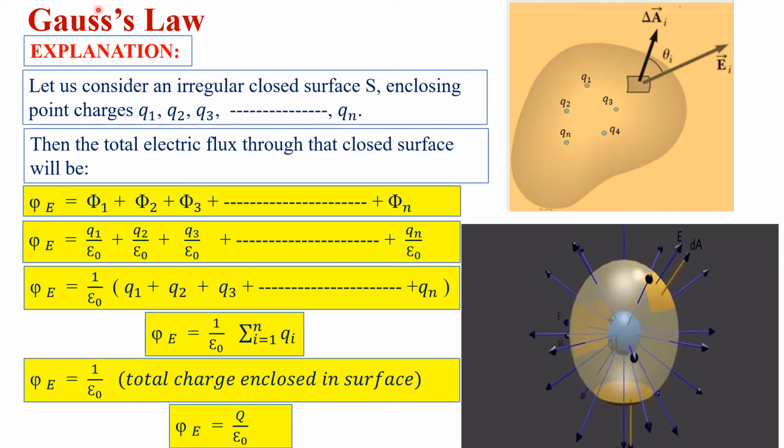So the total electric flux through any closed surface is 1 upon epsilon naught times the total charge enclosed in it. Permittivity of free space means how much electric lines or forces are allowed to pass through vacuum.